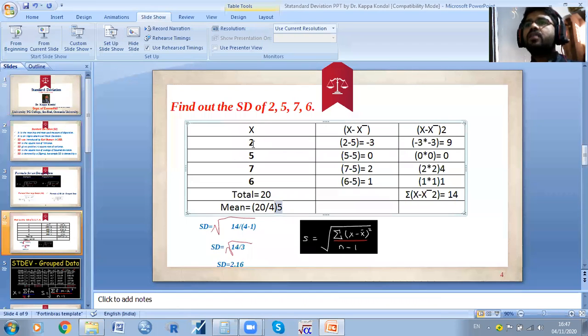Generally, the difference between the x value and the average value is called how much it is deviating from the mean value. For 2 and 5, we get 3, but that is not the observed difference. Here the observed difference is 2.16. On average, each observation is deviating from the mean value by 2.16. Am I clear?